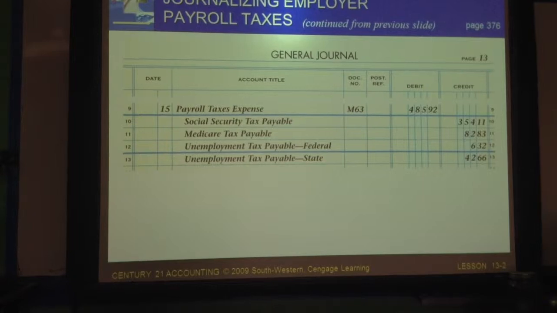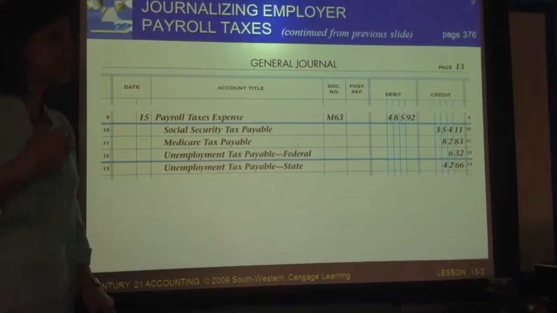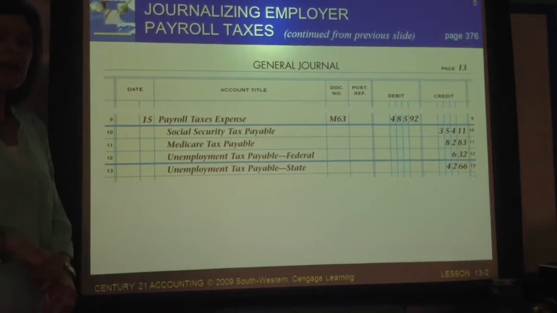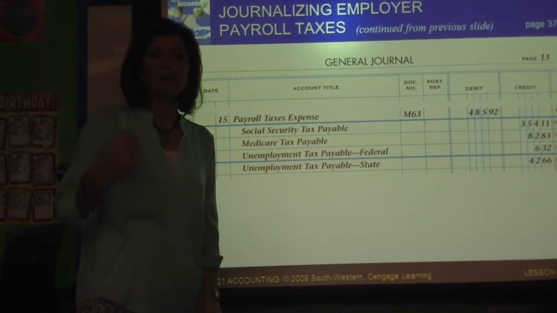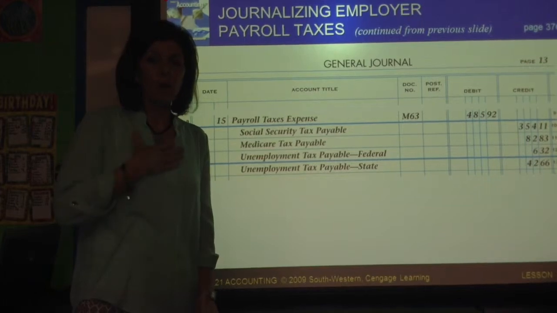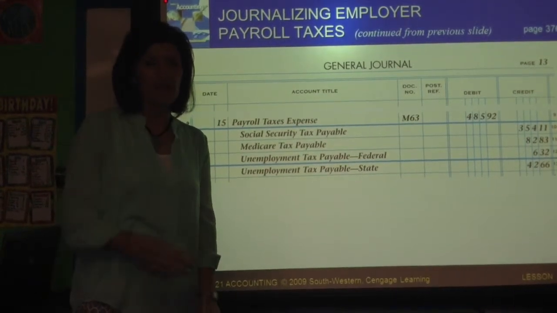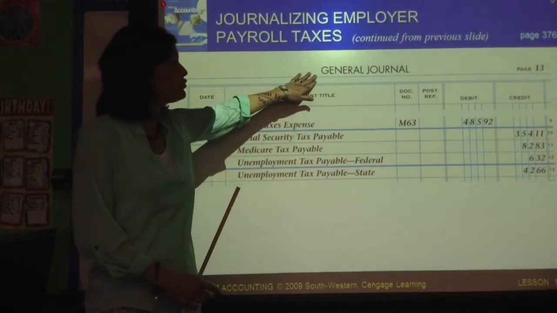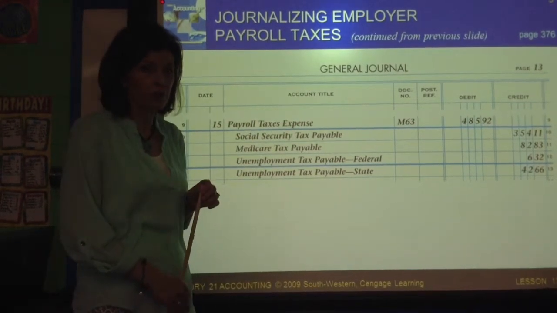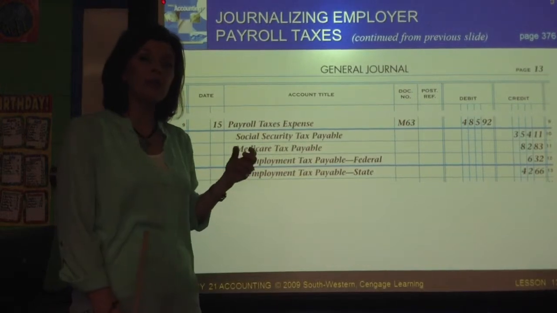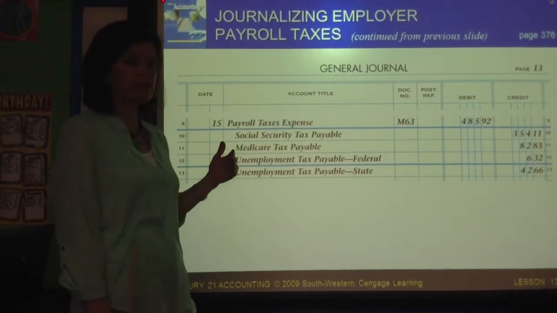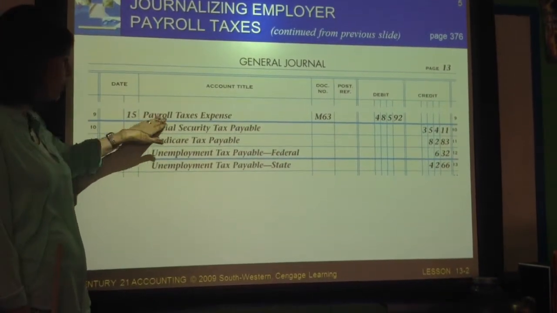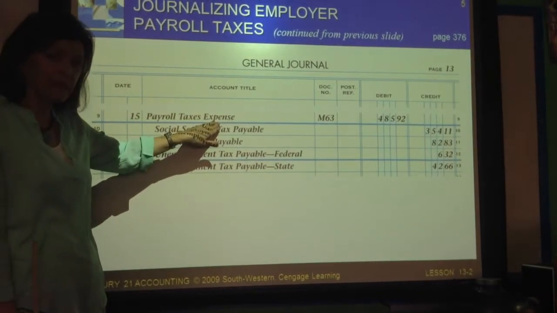Okay, this is an entry here called payroll taxes expense, and this is where the employer or the owner of the business, the boss person, has to record, not pay, because you notice we're in the general journal and not the cash payments journal. So he is going to write down what his taxes would be. So your very first entry recorded here would be payroll taxes expense.